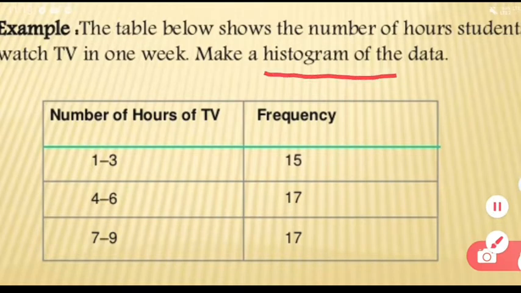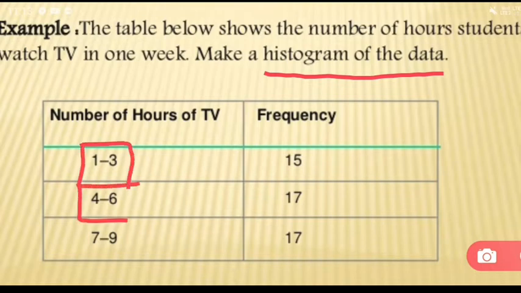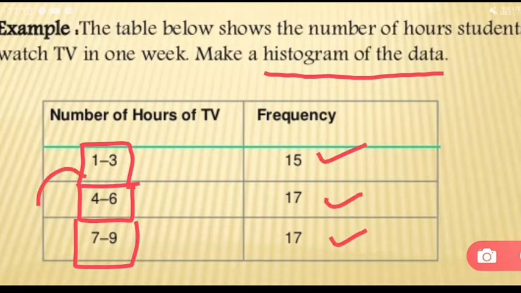So for example, the table below shows the number of hours students watch TV in 1 week. Make a histogram of the data. If you check here, number of hours 1 to 3, then 4 to 6, 7 to 9, and so on, this is frequency. These are called class intervals.